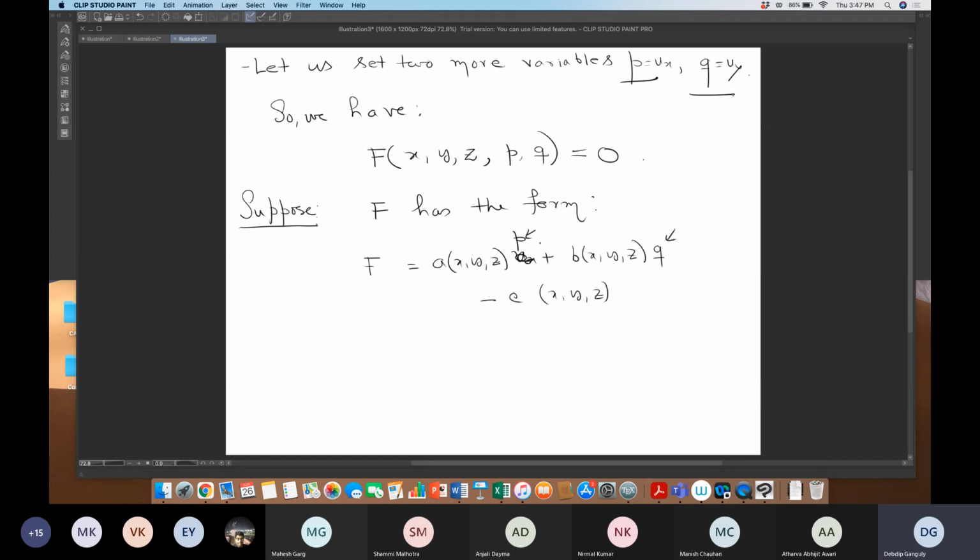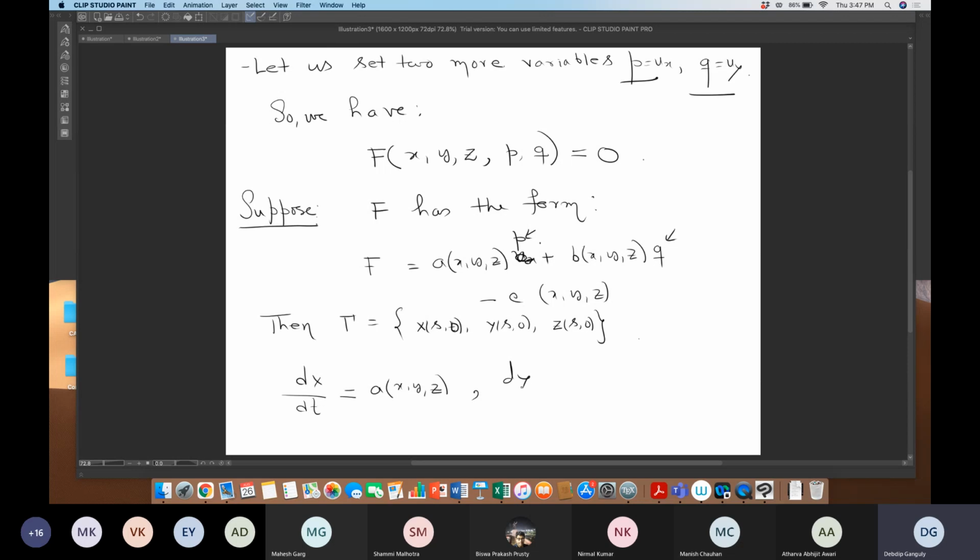Then of course you should take your initial curve gamma as the same thing: x of s at t equals 0, y at t equals 0, and z at t equals 0, as usual. Then can you tell me what is dx by dt? a(x,y,z), exactly.